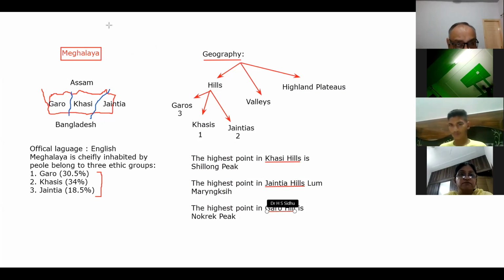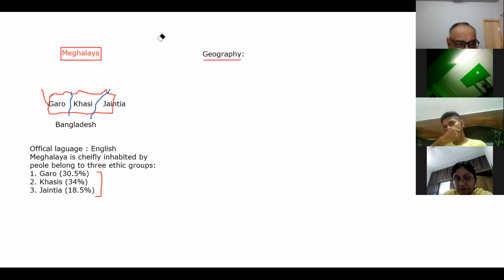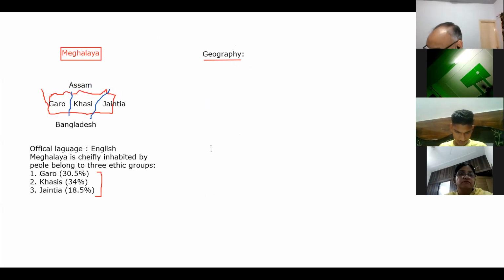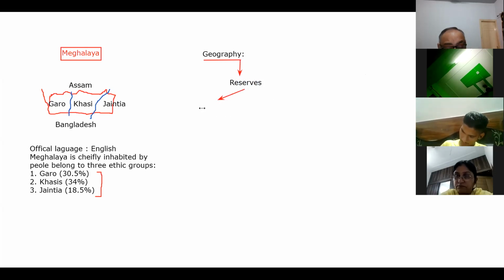Now let us move further to the mineral wealth or natural resources of the state. As far as the reserves of natural resources are concerned, the state of Meghalaya has reserves of mainly coal; it is rich in coal.